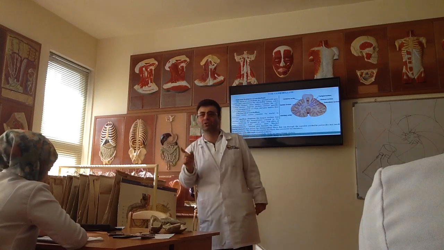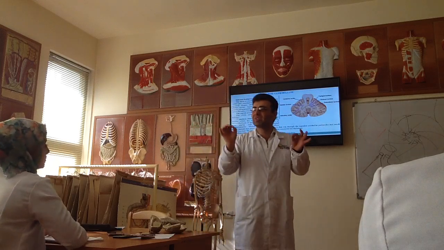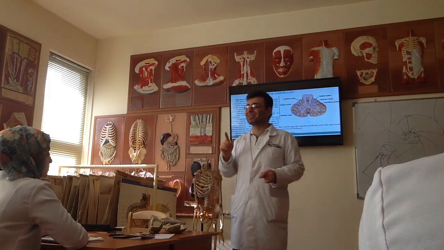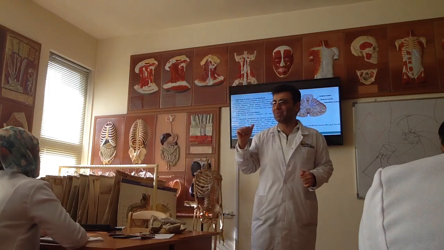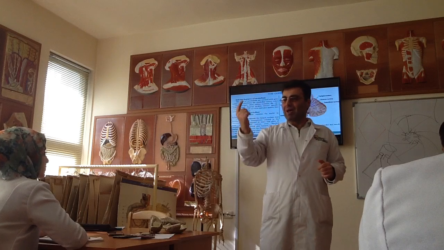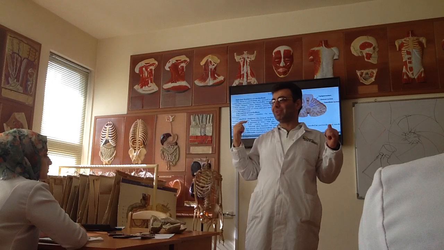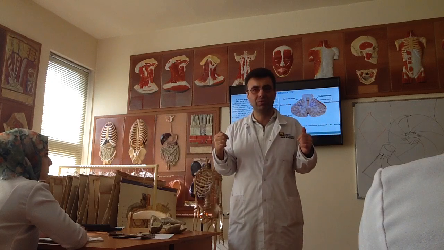And what is its function? Look, every nucleus here has its own function. The function of the nucleus emboliformis, my friends, is understanding the position of our body by proprioception.